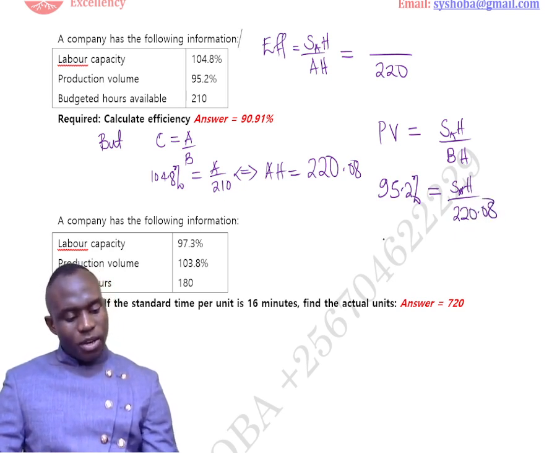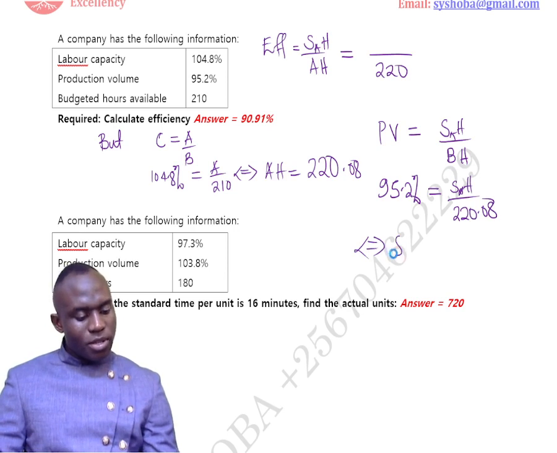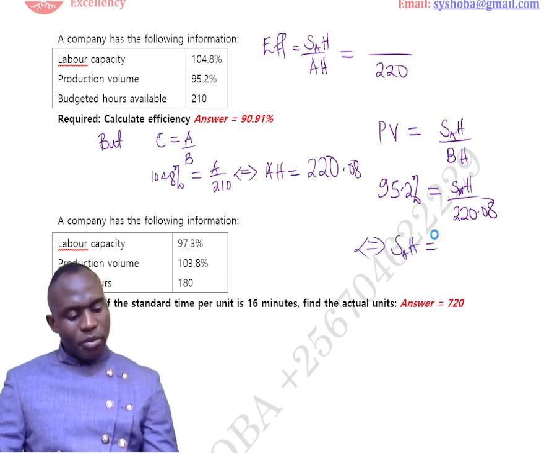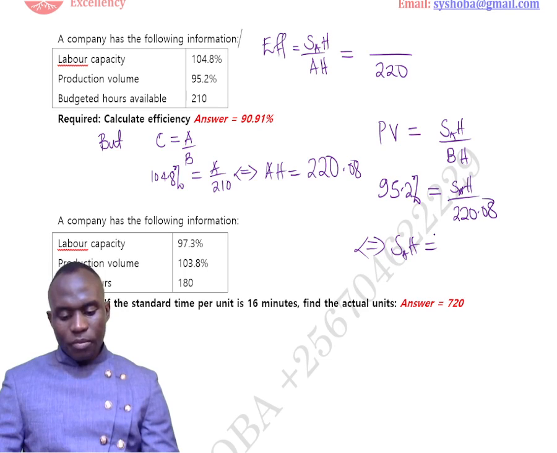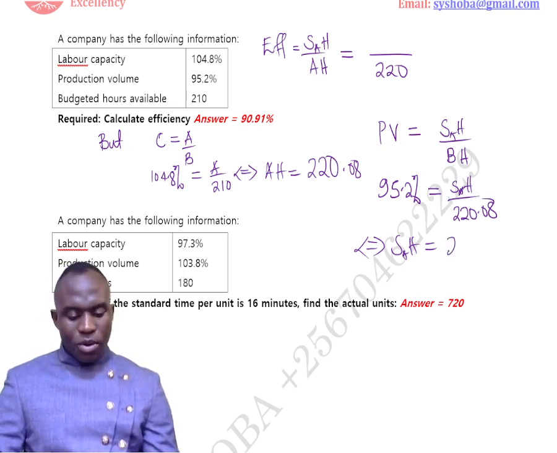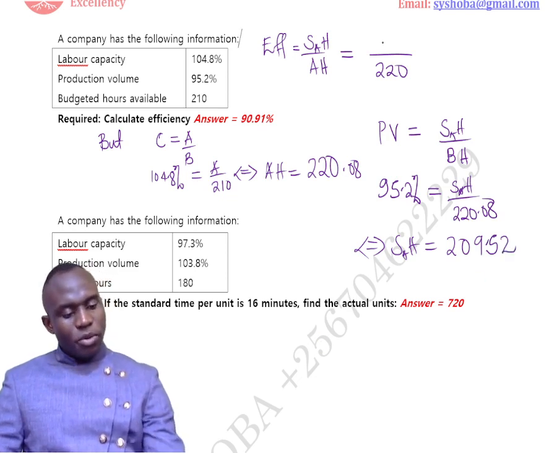So we work out standard. So 95.2 shift percent is equal to alpha x divided by 220.08. Then you do shift solve, then equals. So it is 209.52 if it is rounded.